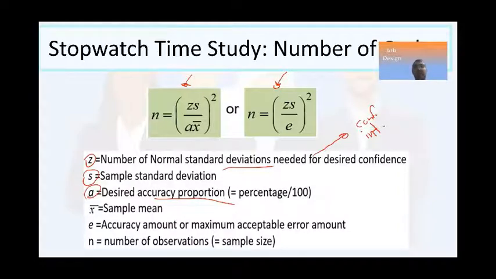The person doing the time study will decide on how accurate he or she wants the study to be. X bar is the sample mean. And then for the equation on the right, we need to get the maximum acceptable error you will allow, which is E, and obviously n is the number of observations we're looking for.